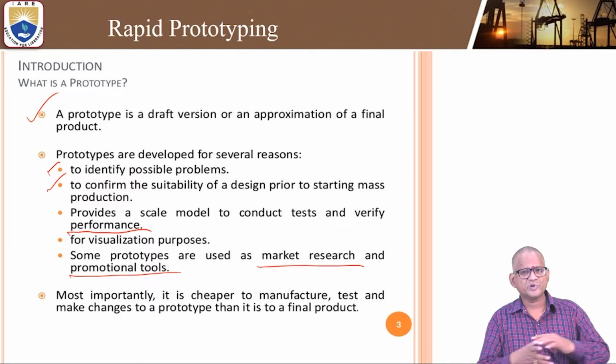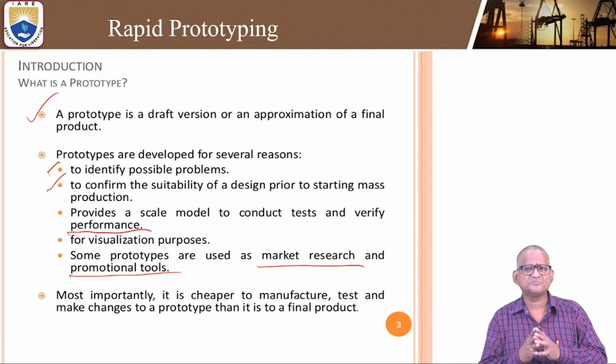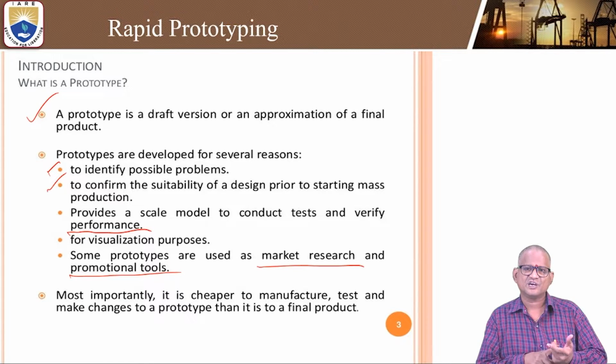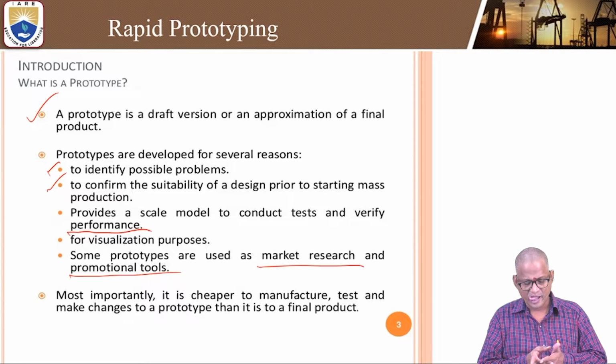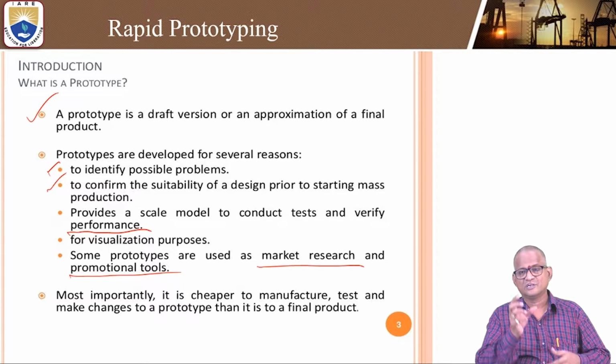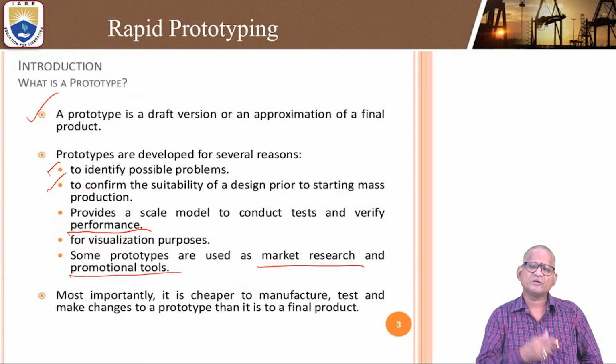Most importantly, it is very cheap to manufacture, test and make changes to a prototype compared to the final product. Why? Because when you want to design or fabricate a helicopter, it is costly.